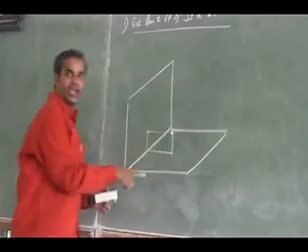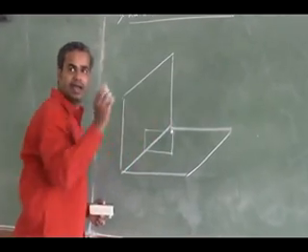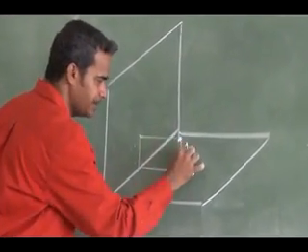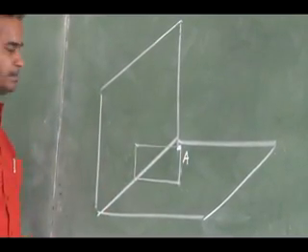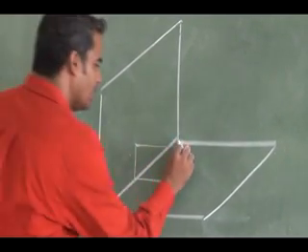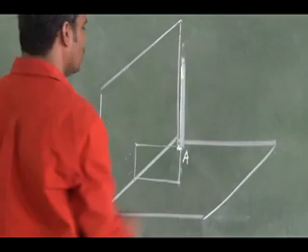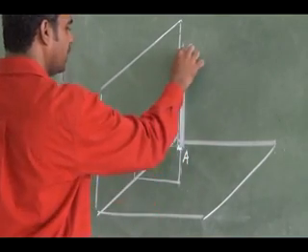This is the location of the end A of line AB, and the line is standing vertically.